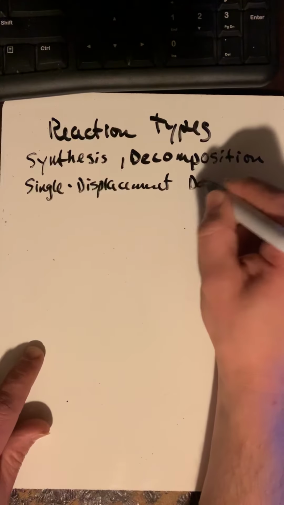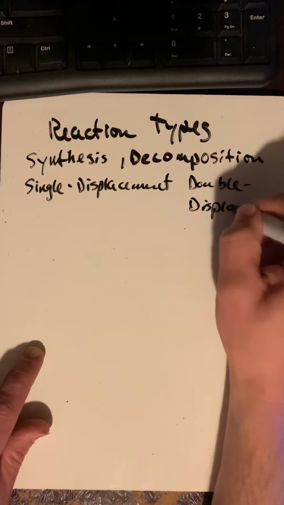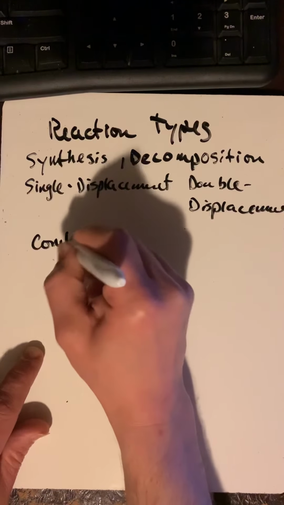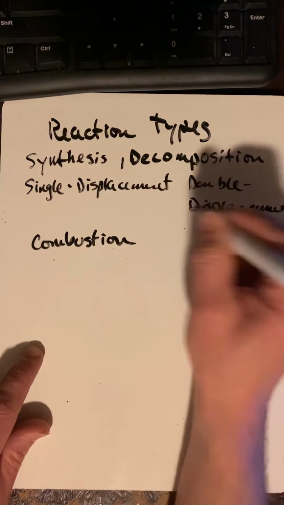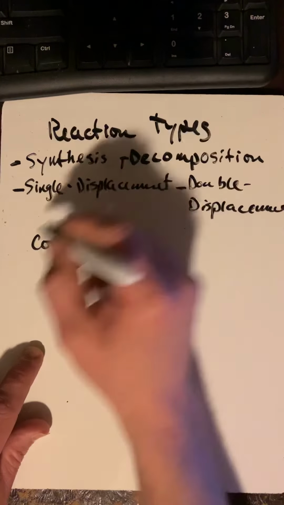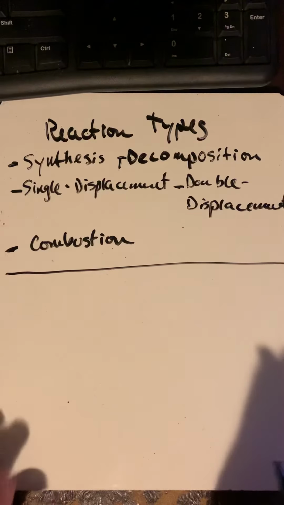Double displacement. And combustion. So we should be able to tell which of these our reaction is by looking at what the reactants and products are.